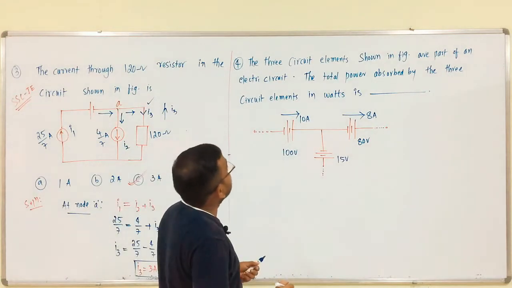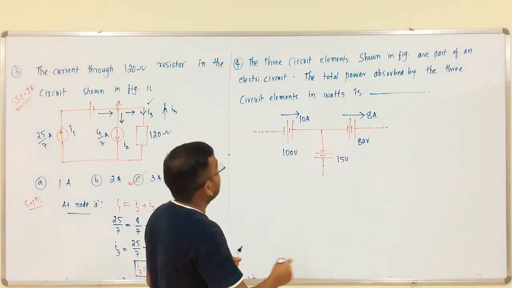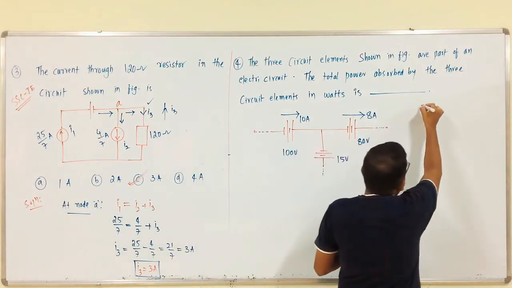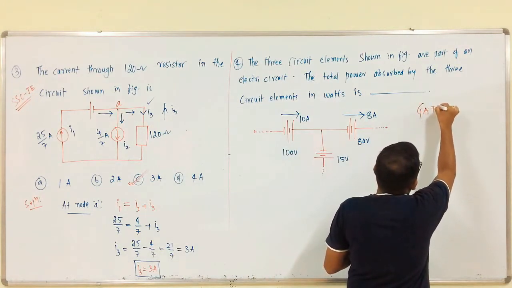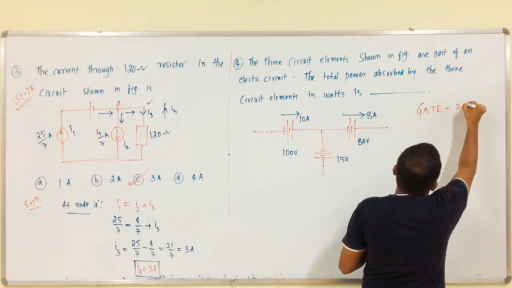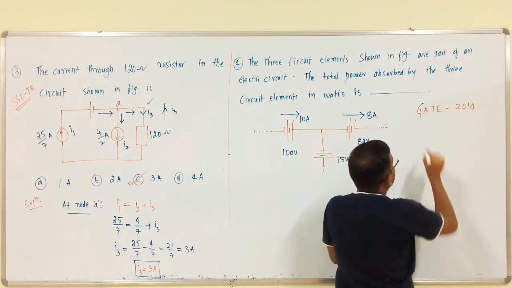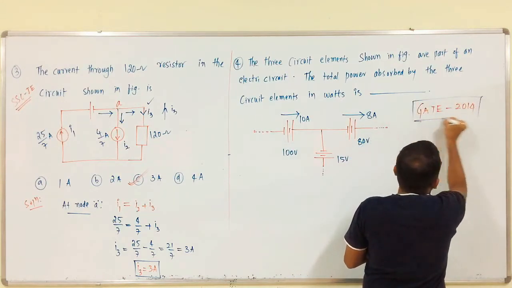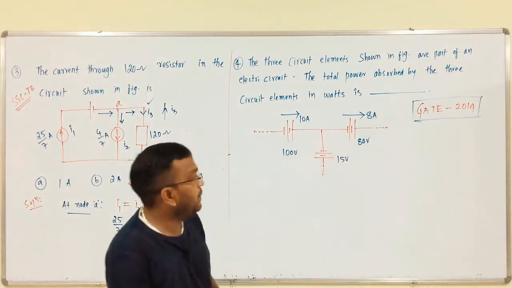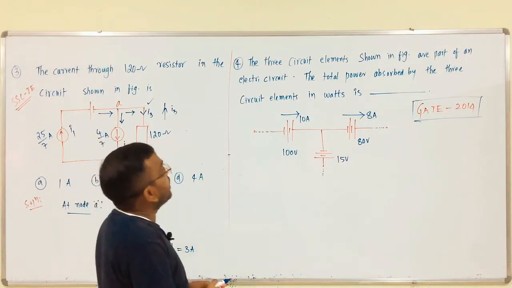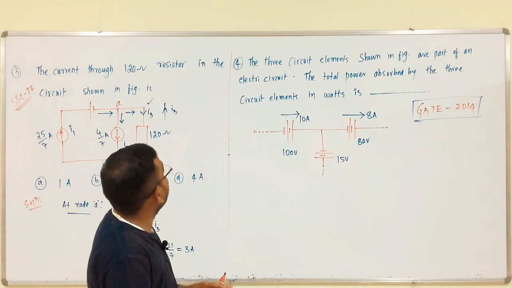Next, the three circuit elements problem, which was asked in GATE 2014. The three circuit elements shown in the figure are part of an electric circuit.